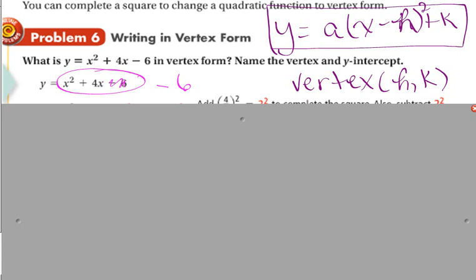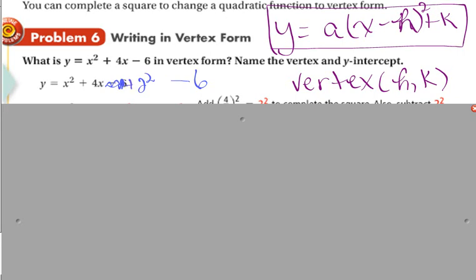So I'm going to add a 4 here. Now I can complete my square. Actually, if we want to make it super simple, we can keep it as 2 squared. All right, and then we've got our minus 6 over here.